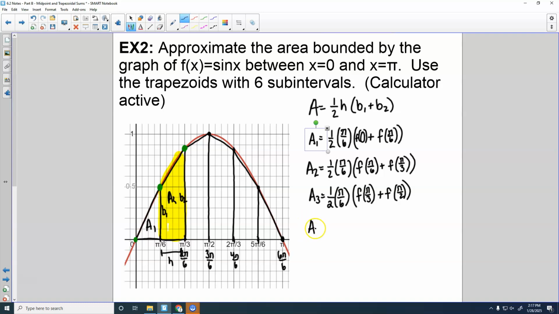For the fourth one, you can probably start to see a pattern here. You've always got that 1/2. You've always got that pi over 6. You're going to have f of pi over 2 plus f of, what's next? 2 pi over 3.